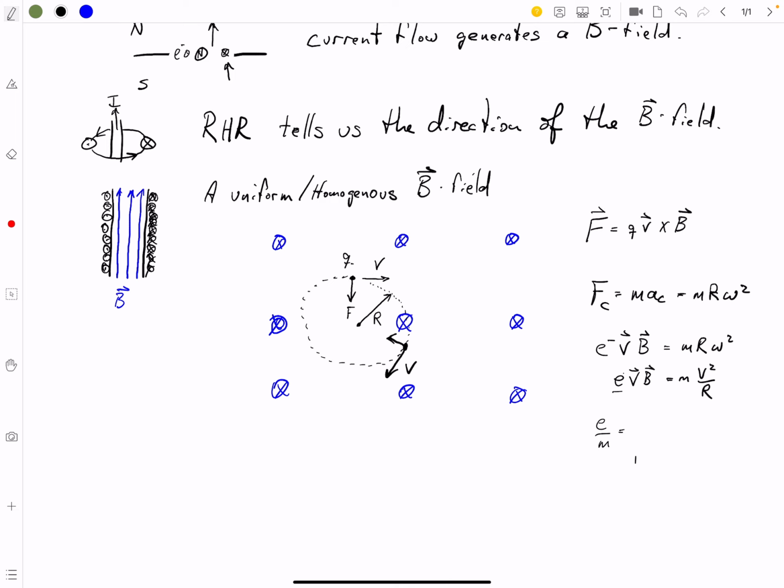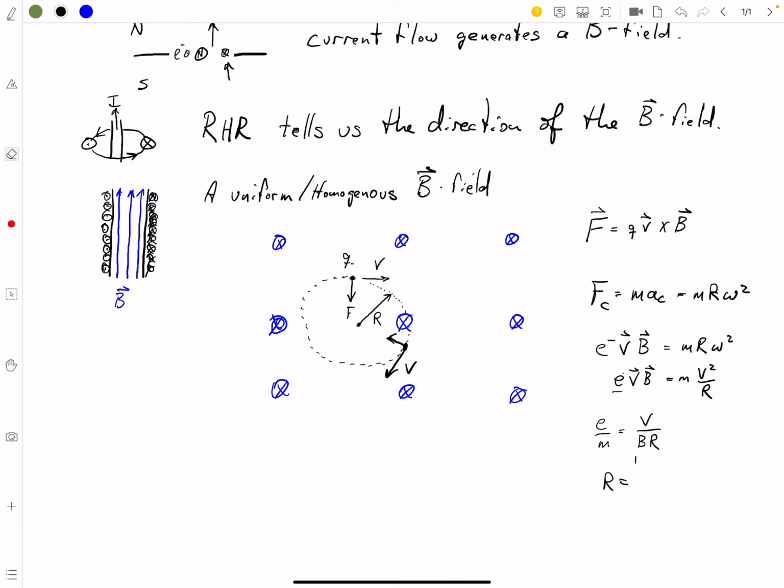And that'll leave us with V over B R. So that's our charge per mass ratio. Maybe you just want to know what the radius of curvature is, right? So then you solve for the radius. I mean, you guys get the picture.